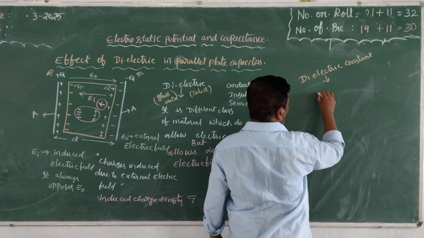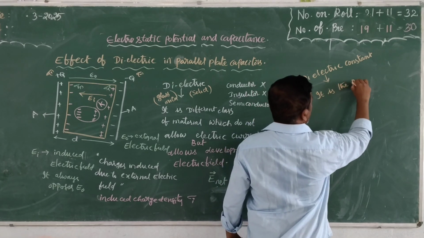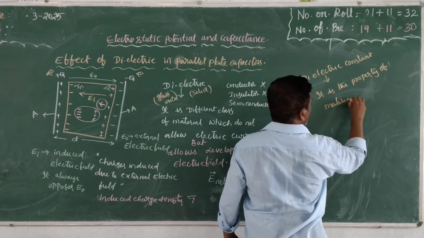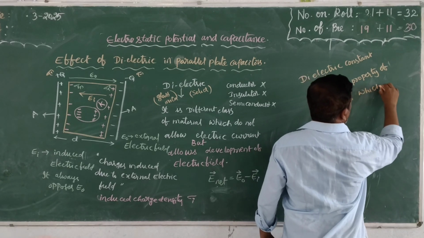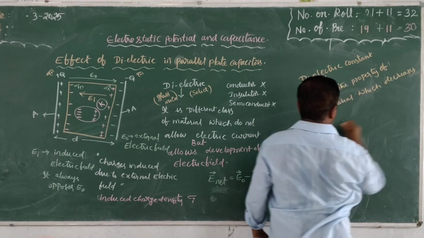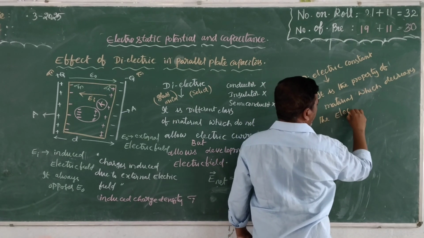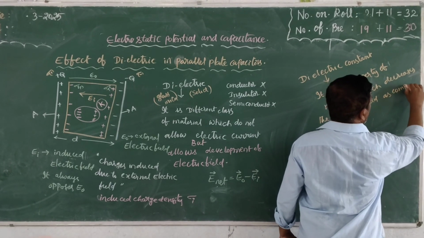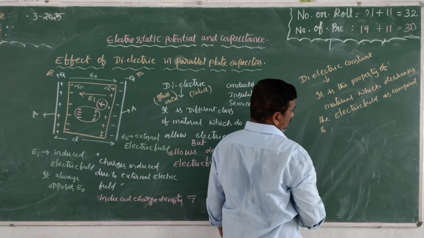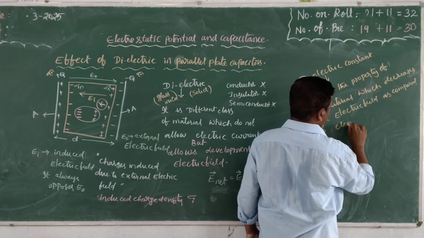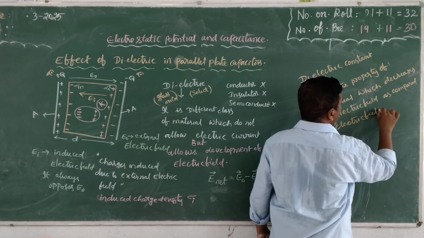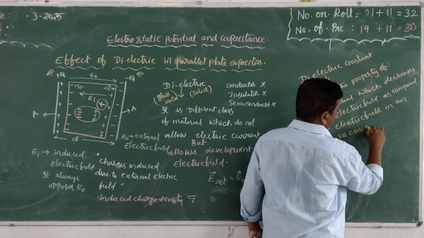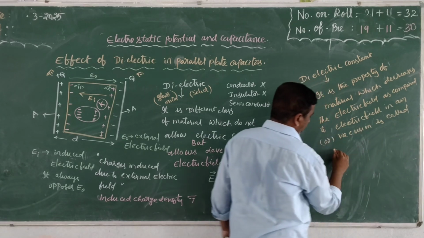It is the property of material which decreases the electric field as compared to the electric field in air or vacuum.